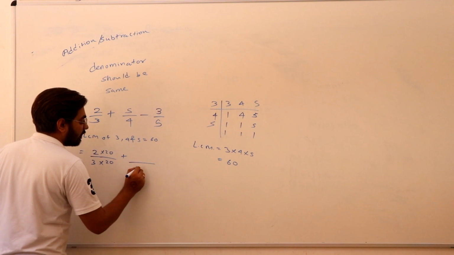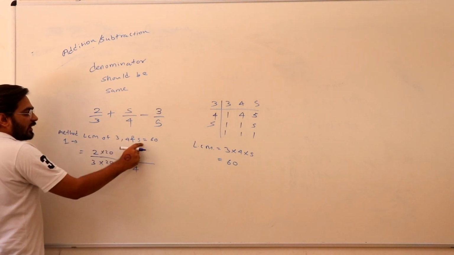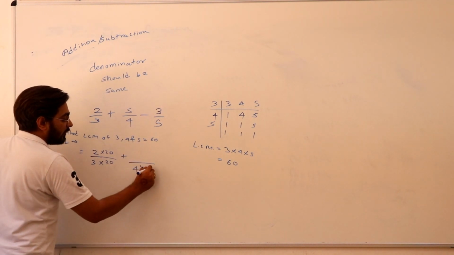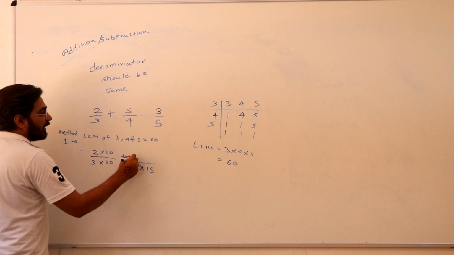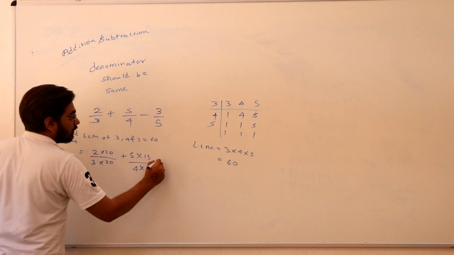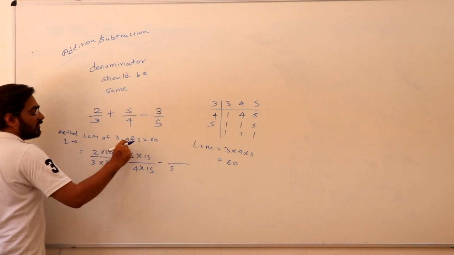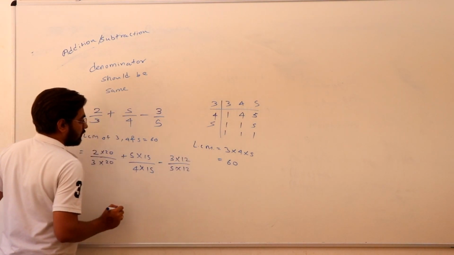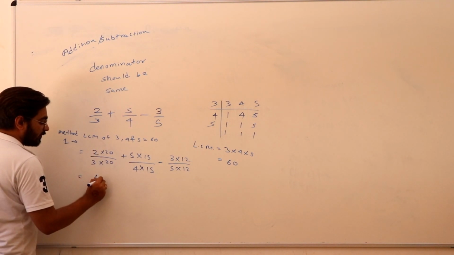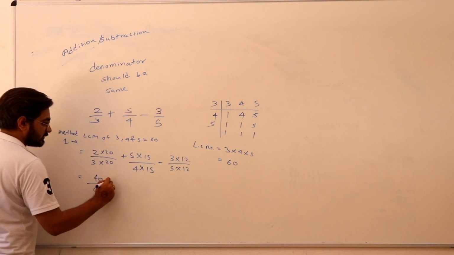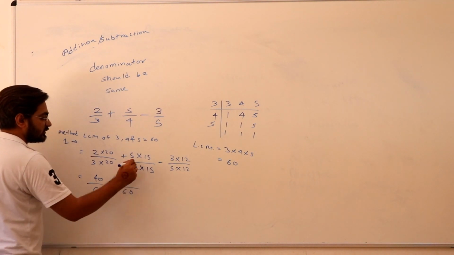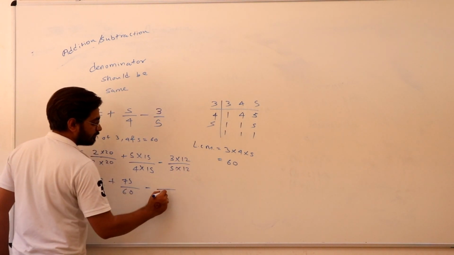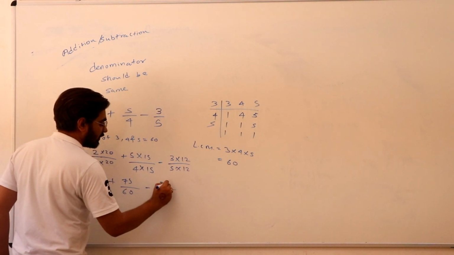Same way for 4, except for 4, the numbers 3 and 5 are there. 3 5s are 15, so I have to multiply the denominator by 15, and at the same time the numerator. Same way, 3 4s are 12, so for 5 multiply by 12. This gives me 40 upon 60, 60 upon 60, 75 upon 60, 36 upon 60.